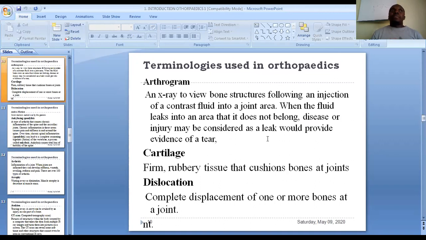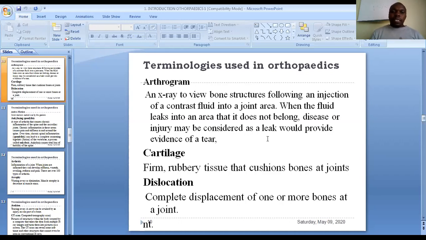So we are simply referring to the contrast that is injected. As it is flowing, where it passes, if there is a leakage somewhere, it will penetrate through that leakage because it's opaque to the X-ray. You'll be able to see wherever it passes that here is not the normal passage, meaning there's an injury here.